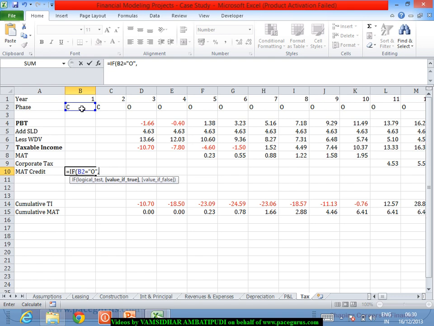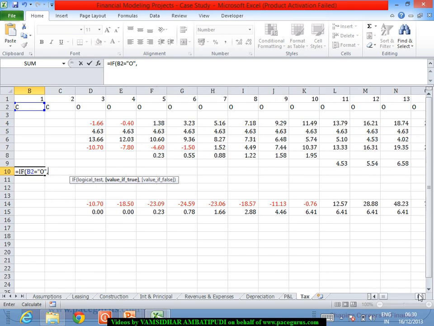in the first year where I am making my corporate tax, I need to look at adjustment for this MAT credit also. So what I would be considering is the maximum of whatever the MAT credit that has happened till date.